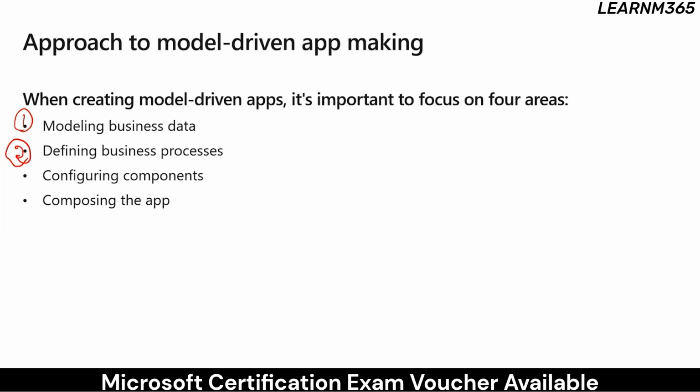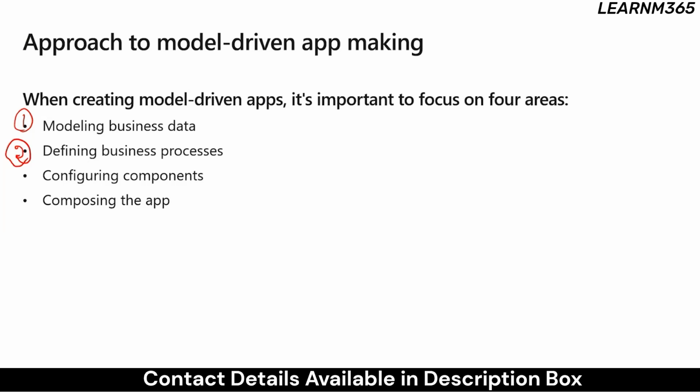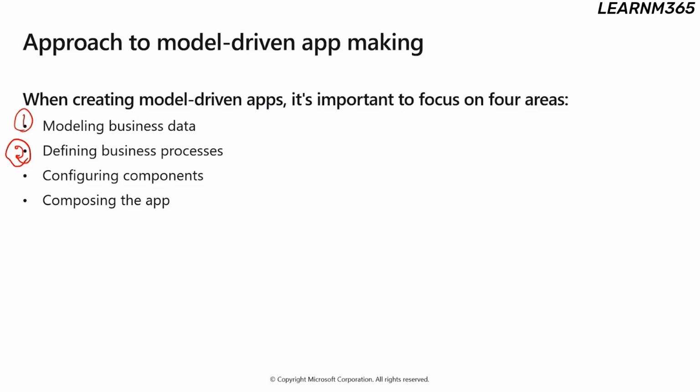Then configure the components. You can configure your forms, your views, your charts, the site maps, navigations. So these all configurations we are supposed to do. Once configuration is done, then finally we would be composing the app. So these are the main four areas when we are creating the model driven application.